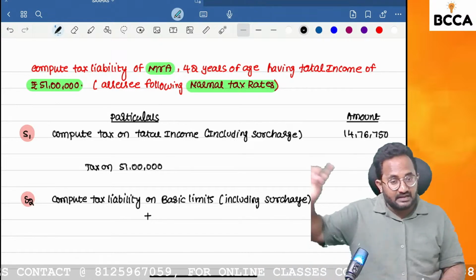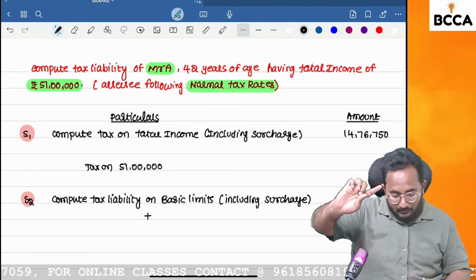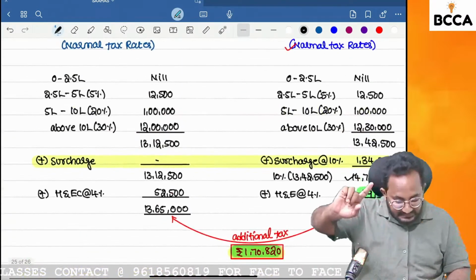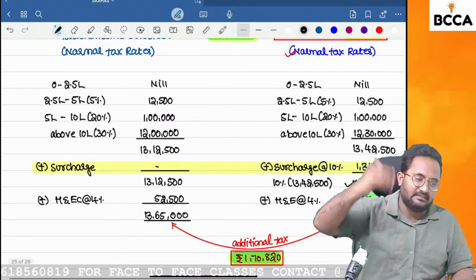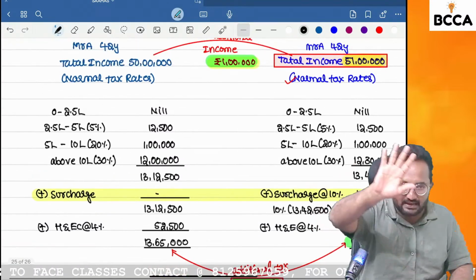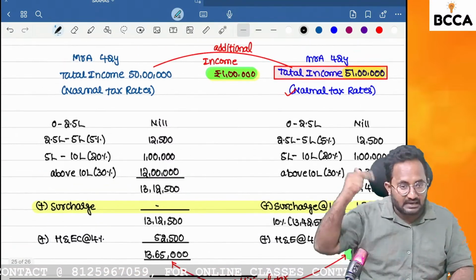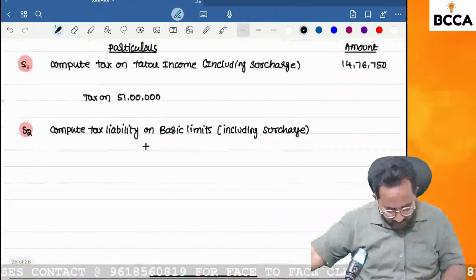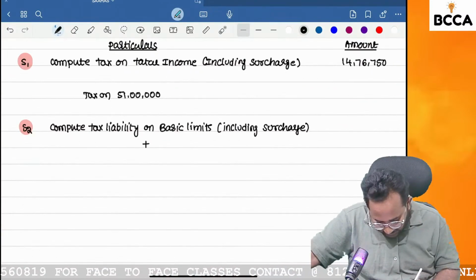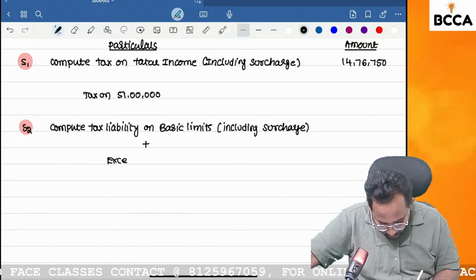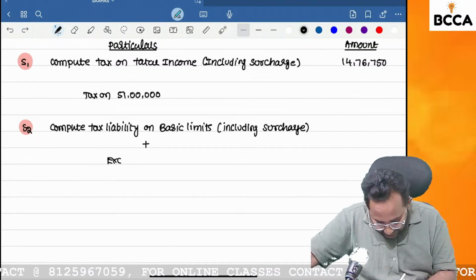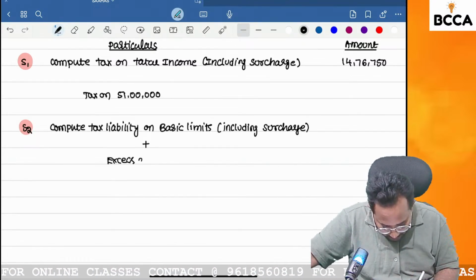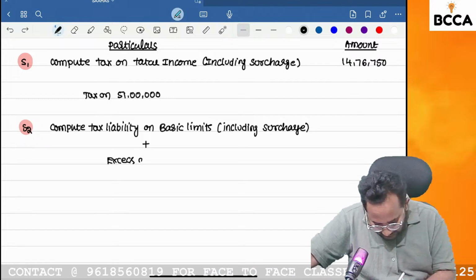Initially, we promised one thing: instead of paying that additional tax, please take 1 lakh. We decided to give that 1 lakh additional income to the government as tax. Here also we need to do that only. Excess income over basic limits.